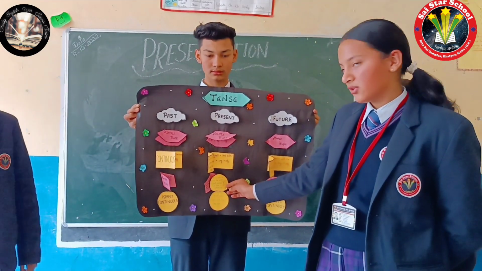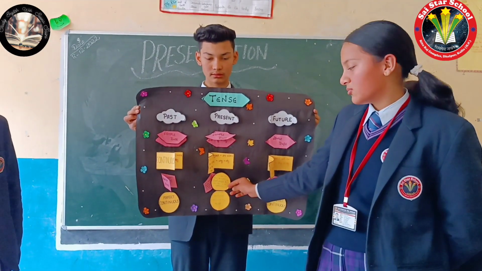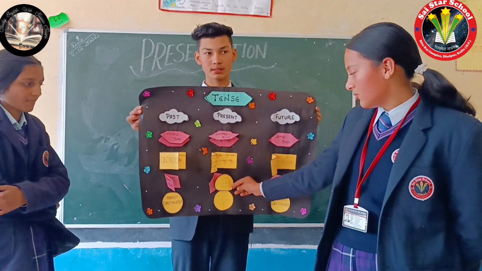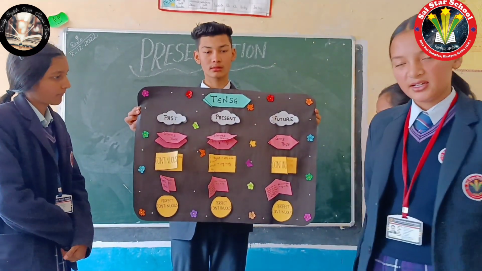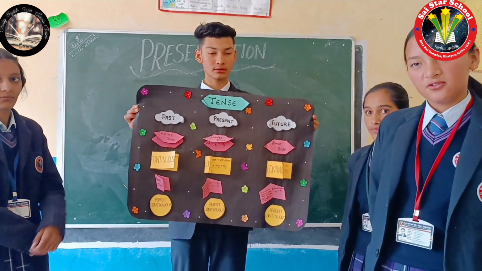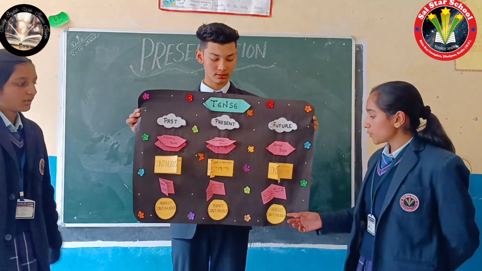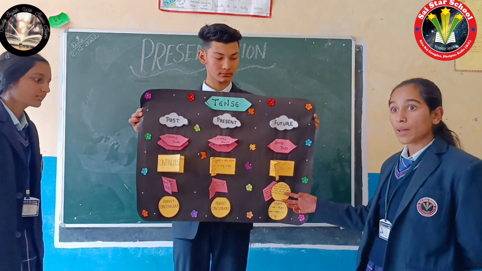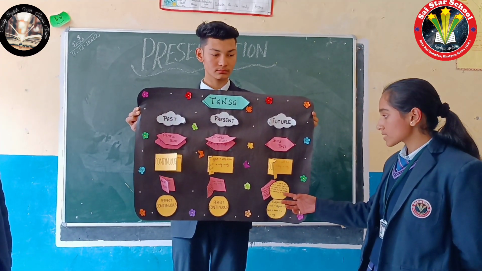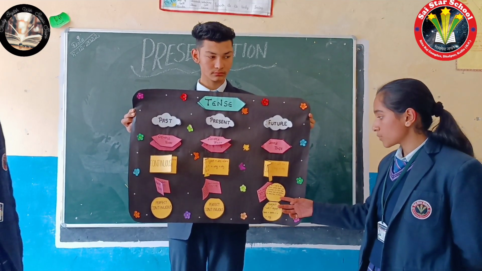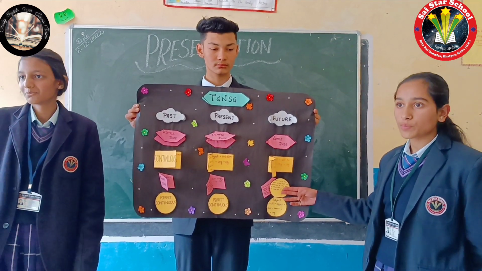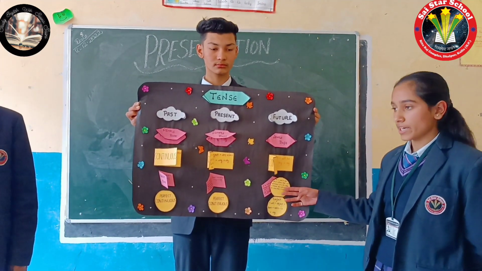The rule of present perfect continuous tense is subject plus has/have been plus verb plus ing plus object. Now, Ankita, can you tell what is the future perfect continuous tense? Future perfect continuous tense is used to talk about actions that will happen in the future with a fixed time. The formula is subject plus will have been plus verb first form plus ing plus object.